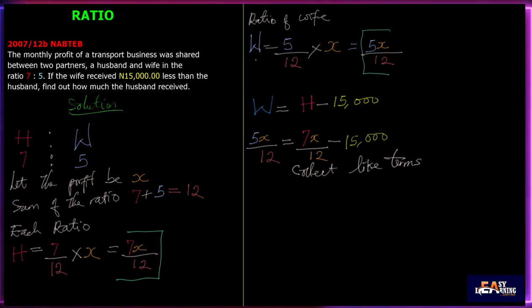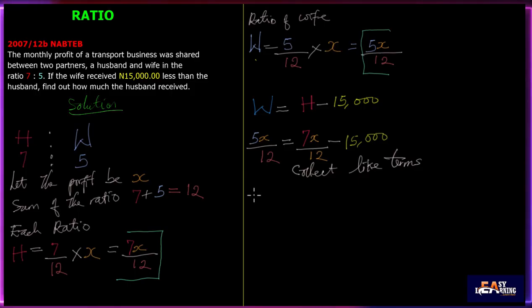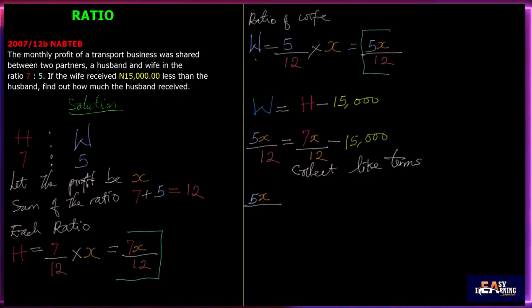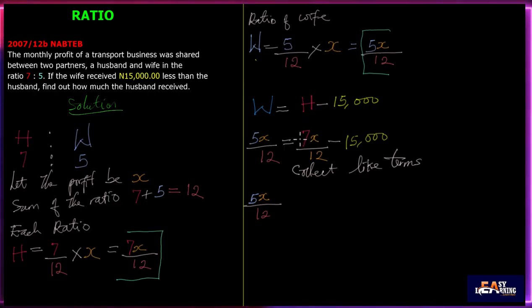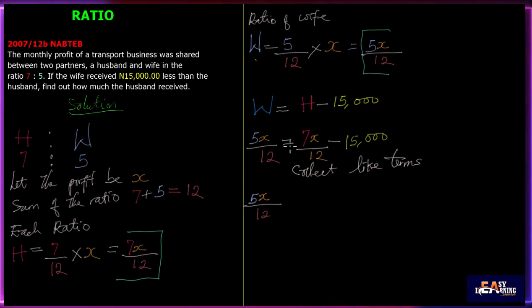This 5x will remain, 5x all over 12. It remains, and then this other part here will cross over, and when this part crosses over, the sign here that is plus will change to minus.